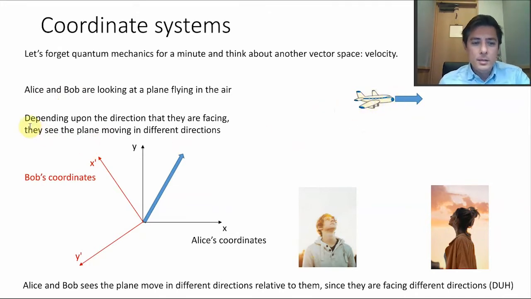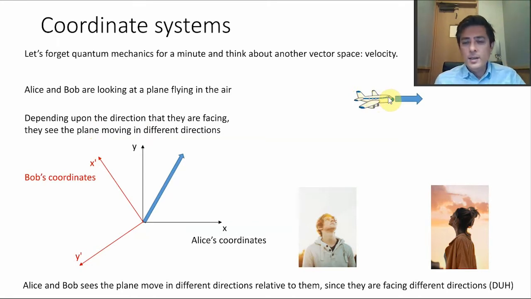Depending upon the direction that they're facing, obviously they'll see the plane move in different directions. For Bob, it looks like it's going forward, in front of him. Whereas for Alice, it's flying over the top of her head and going backwards.